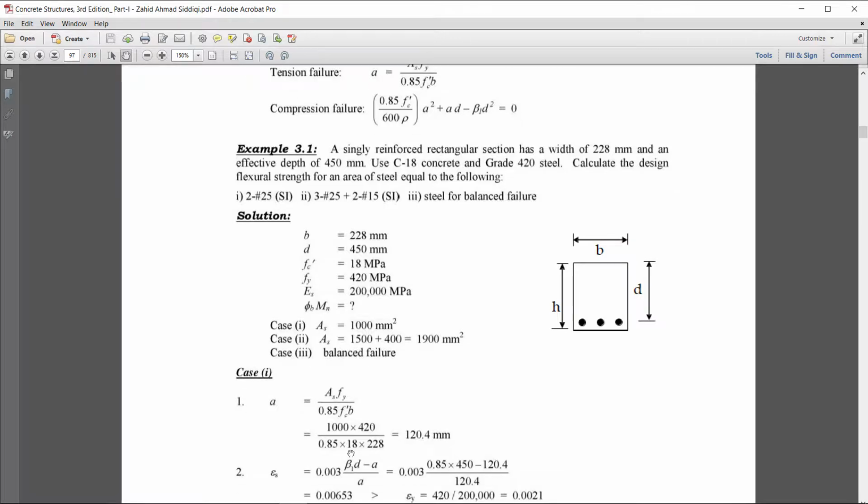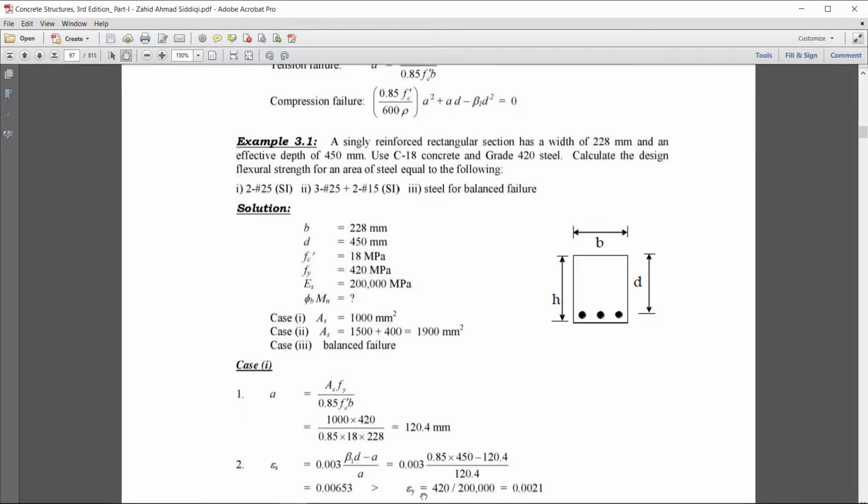Then you will calculate the strain in steel. Here is the formula for strain in steel: 0.003 times (beta 1 d minus a) over a. You will put the values, and it is coming 0.0062653. That is greater than the yield strain, 420 over 200,000 megapascal.